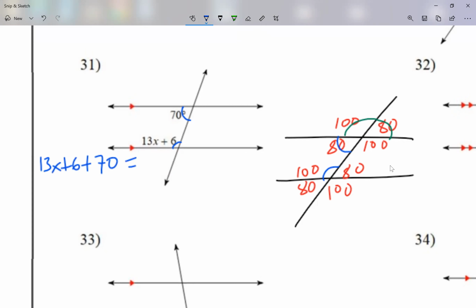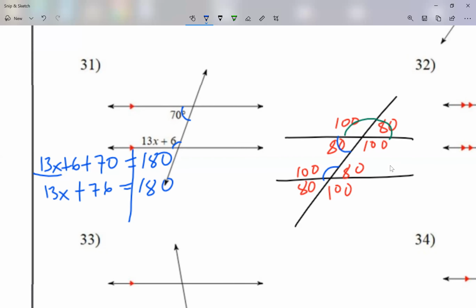I add everything, and this is equal to 180. The rest is just simple algebra. Let me combine like terms. Letter-wise, I just have 13x. Number-wise, 6 plus 70 is 76. So 13x plus 76 equals 180.